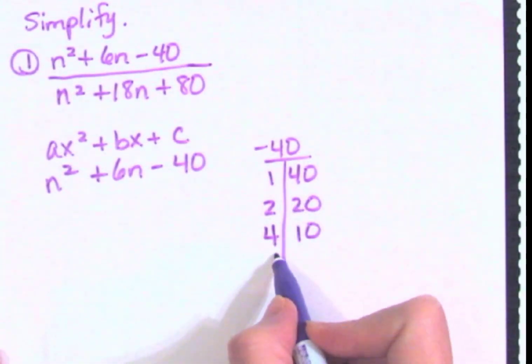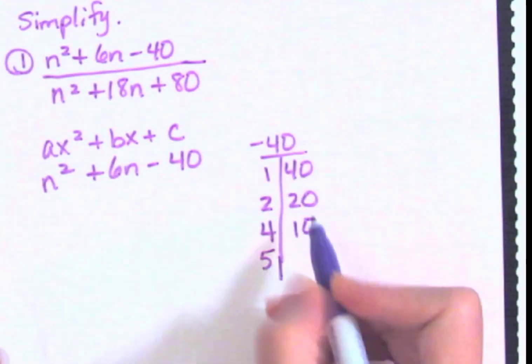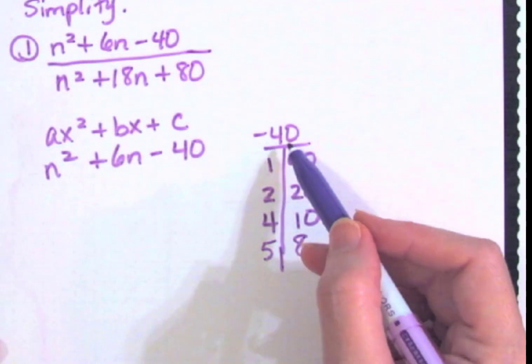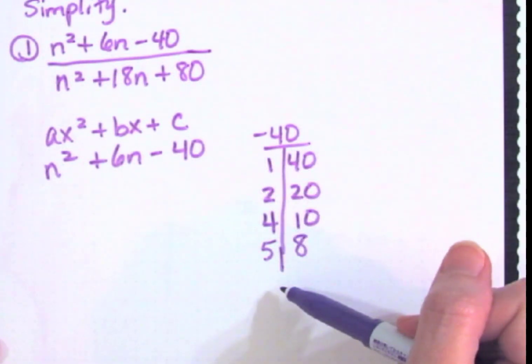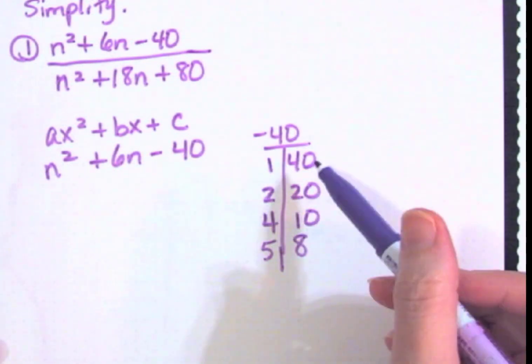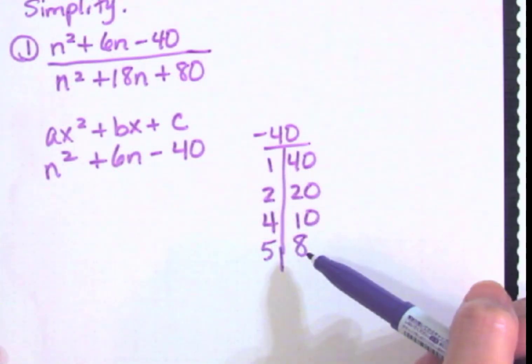Next I try 5. 40 divided by 5 is 8, and then 6 will not go evenly, so I try 7, that doesn't work, 8 does, but it's already in my list. So this is a nice way to list all the factors of a number.